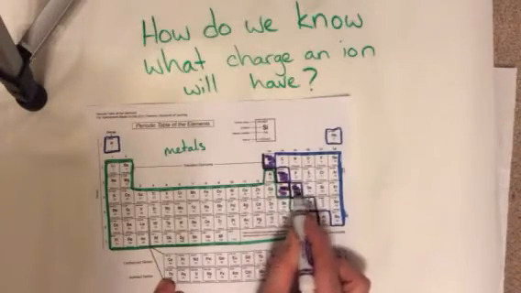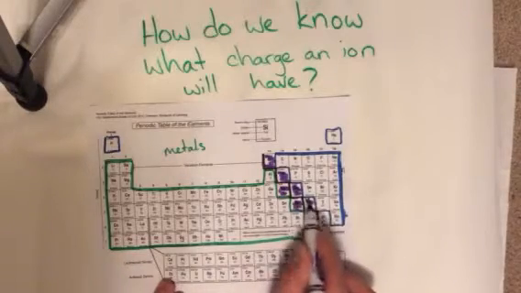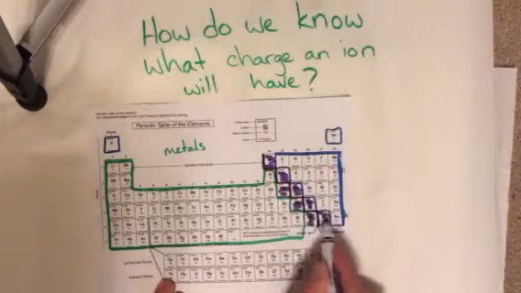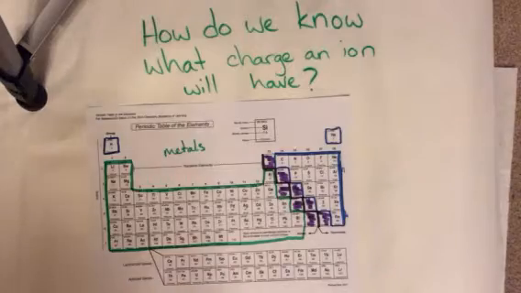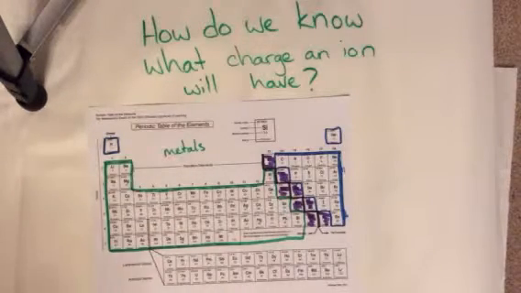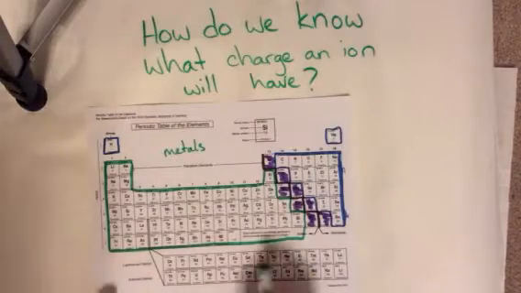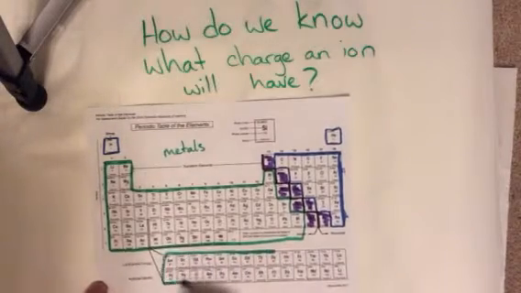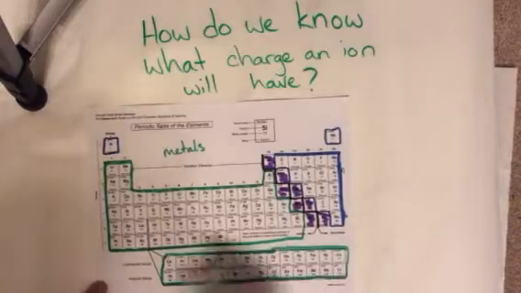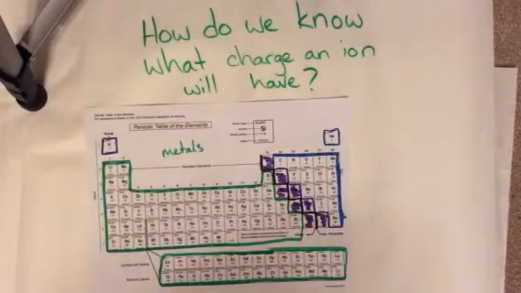Aluminum is actually a metal, of course, we know that. But all of these that are touching the staircase like that, those are semi-metals or metalloids. We'll talk about that when I get back from my break. But basically, the ones in green are metals, and the ones in blue are nonmetals. Oh, and I forgot to mention the F block. These are all metals too. But we won't be working with them too much because they're different.